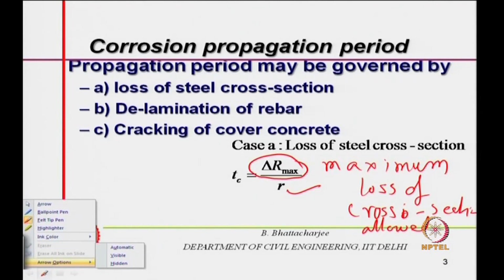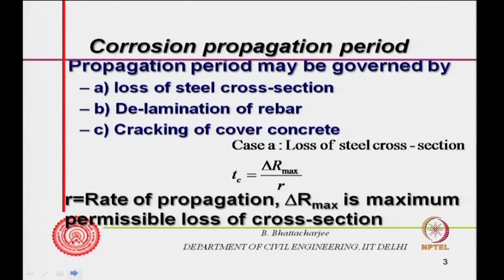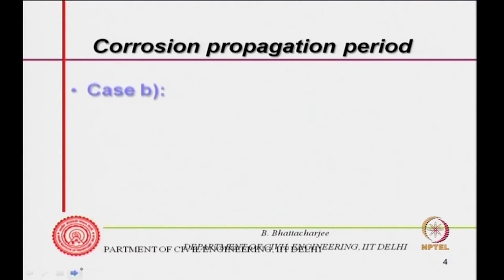So, the rate of propagation is related to the maximum permissible loss of cross section. If I know the rate in some manner and the maximum loss, then it is possible, but the rate must be expressed in terms of depth of penetration, the formula 3.27 which we looked into in the last class. So, this is one way.